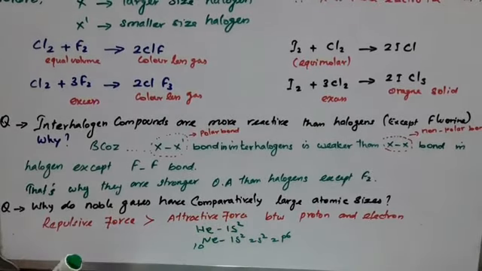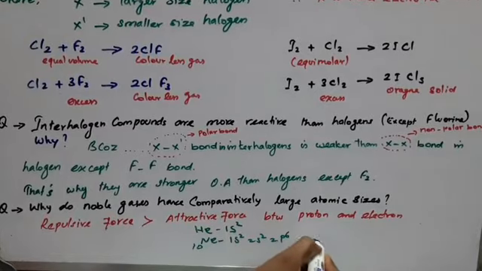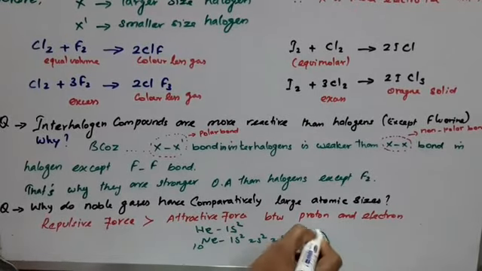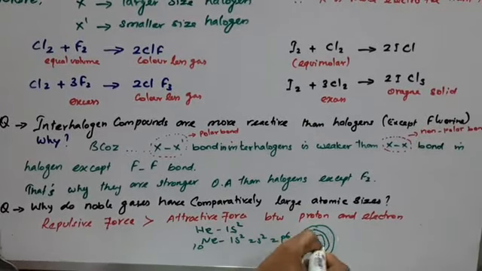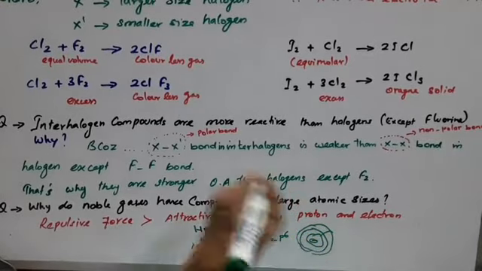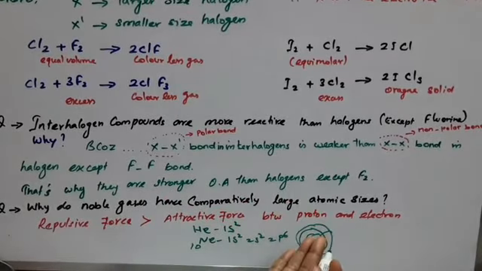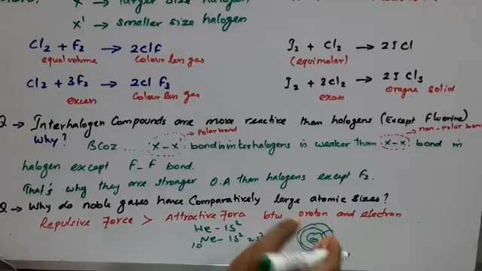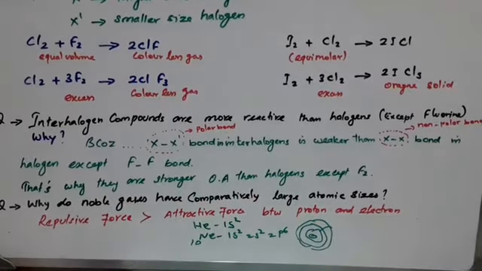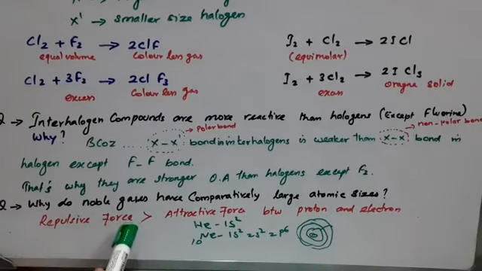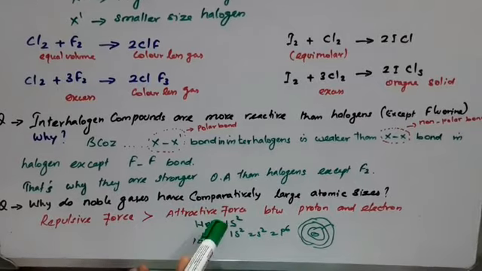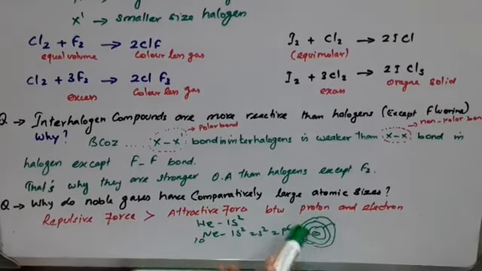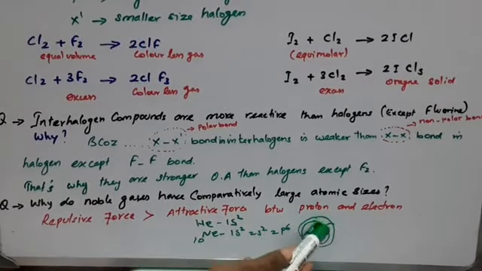So here the attractive force between proton and electron is very less, because the shells are completely filled. Use these key points: repulsive force is greater than attractive force, so they have comparatively larger atomic radii.